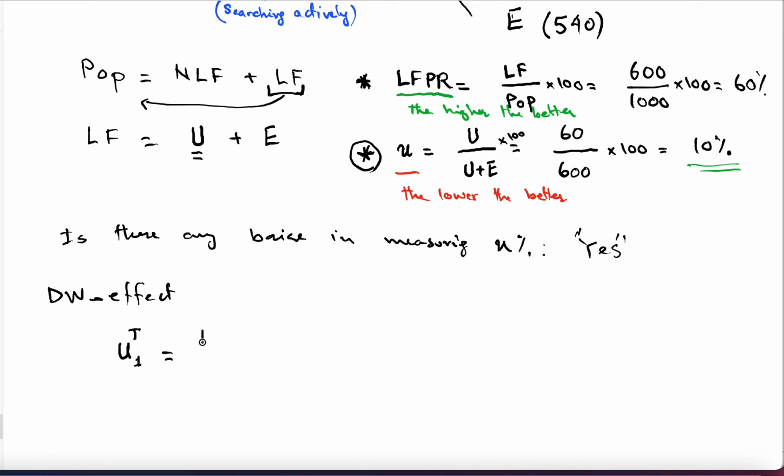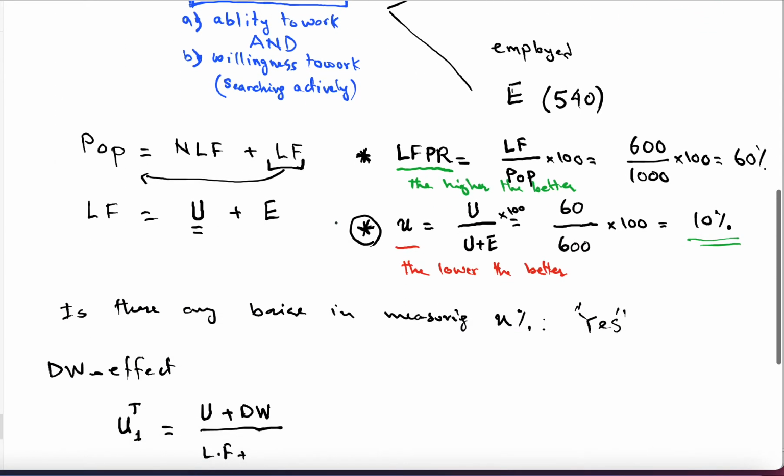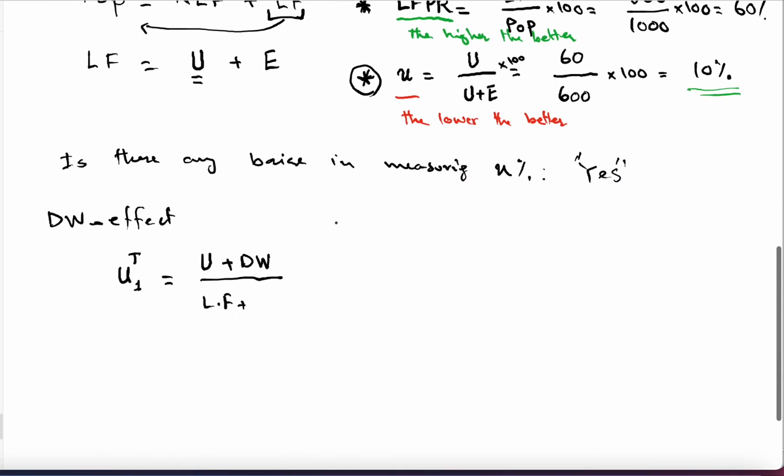So initial U plus the discouraged workers, over the initial labor force plus the discouraged workers, because the moment you give them back, the labor force is increasing. So both the denominator and the numerator are increased with those 40 persons who have left the job market.